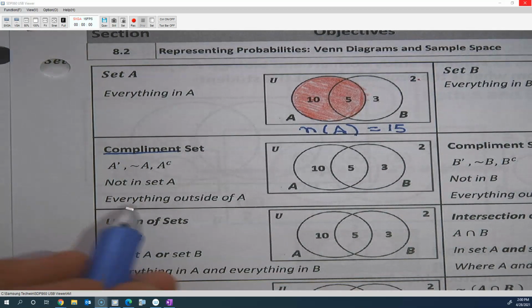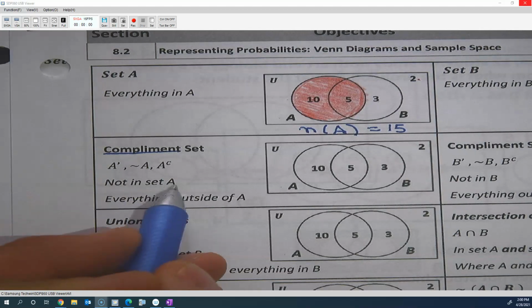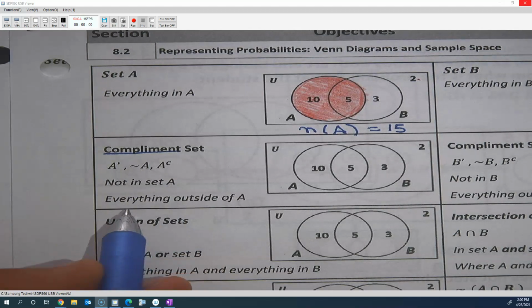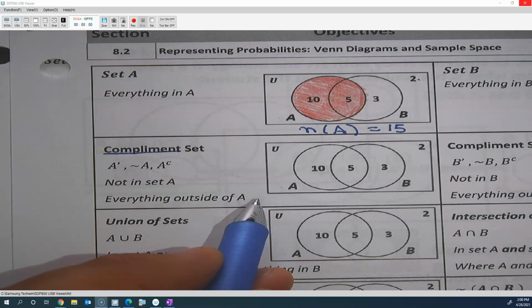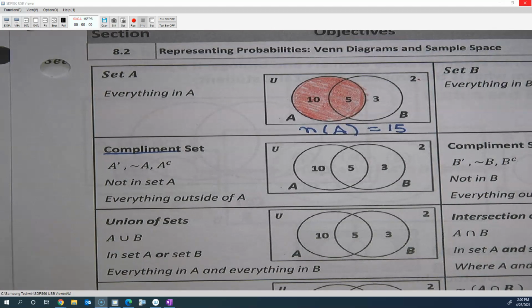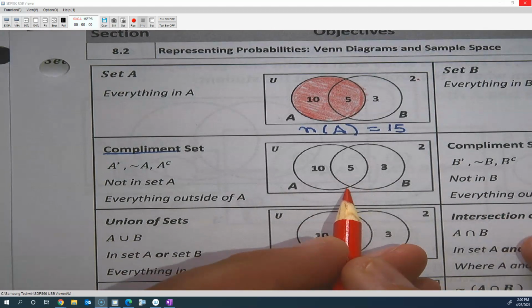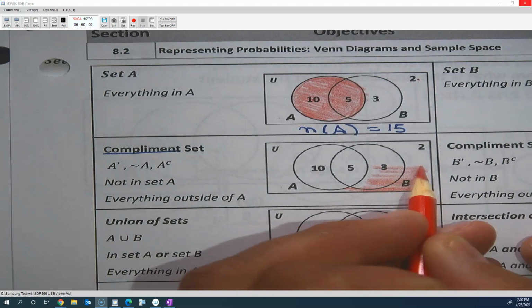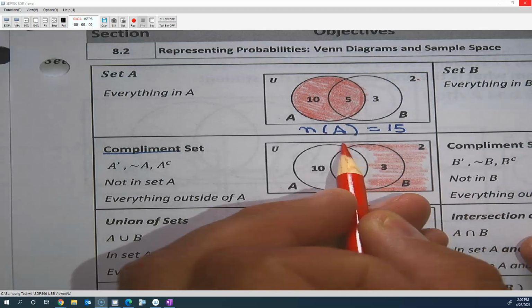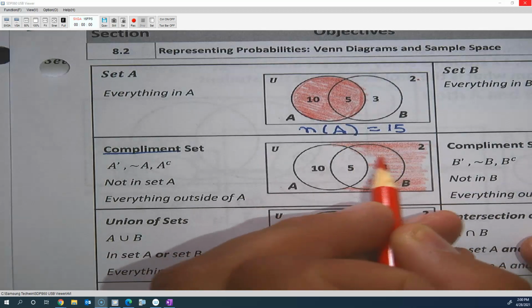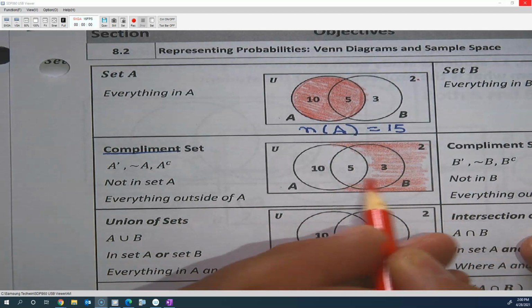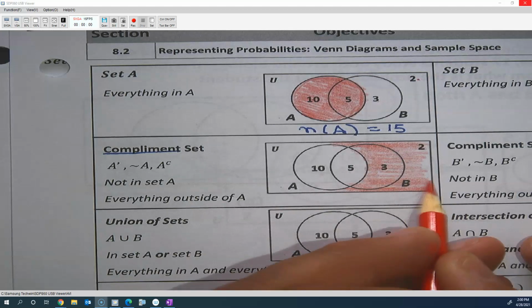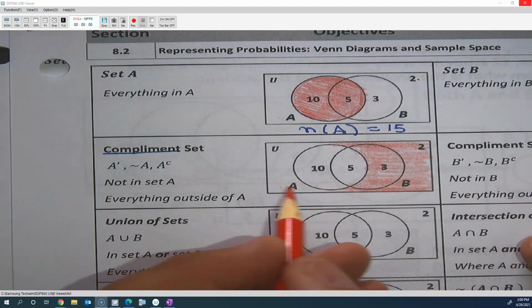So this would be not set A. It's everything outside of set A. Everything outside of set A would look like this.